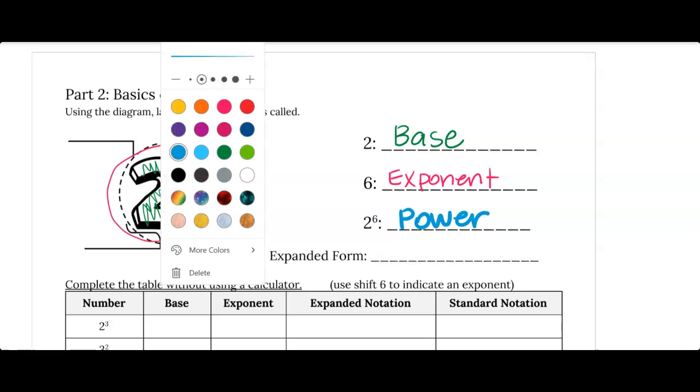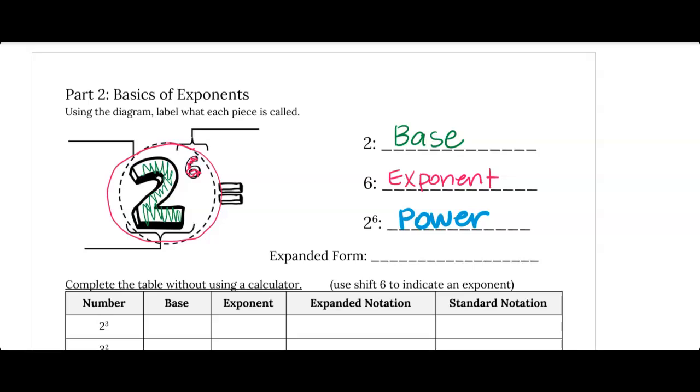A lot of times we call it the exponent, but really the exponent is just that little tiny number up in the air. The entire thing is the power. And what it means is that you're going to take your base and write it out the number of times of the exponent. So the base is what's being multiplied.